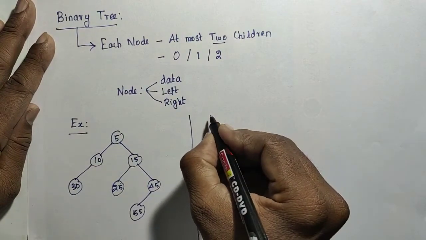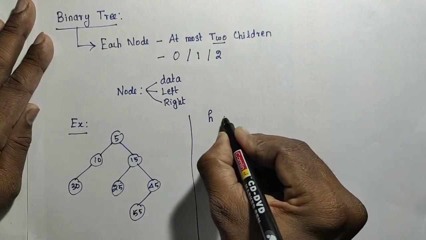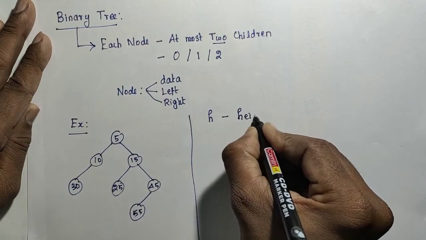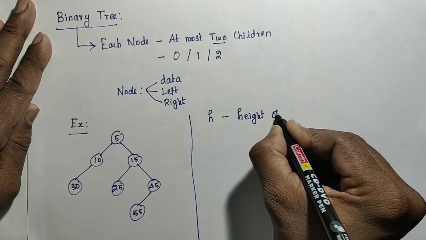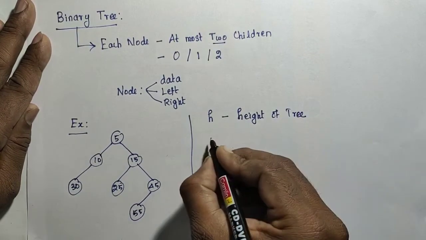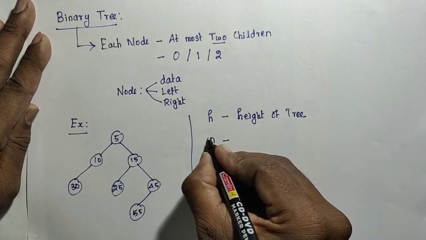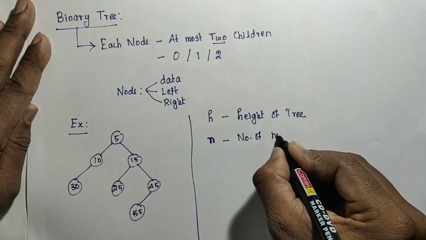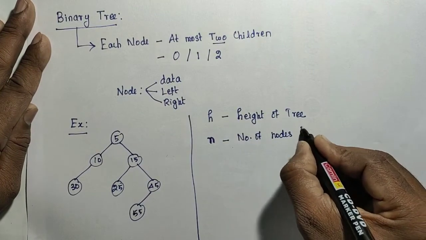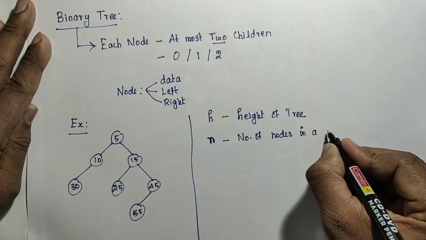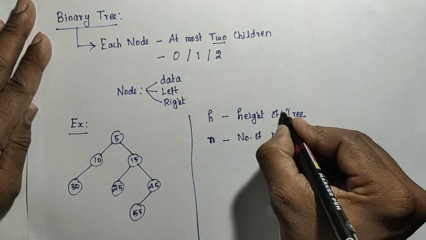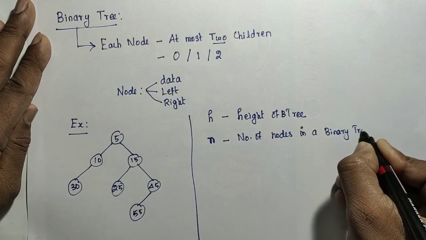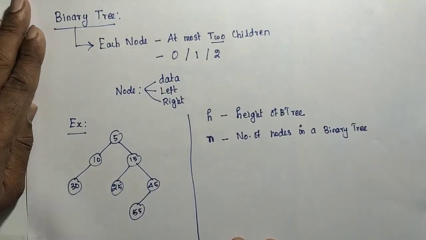Let us consider h is the height of the tree, and n be the number of nodes in a binary tree.